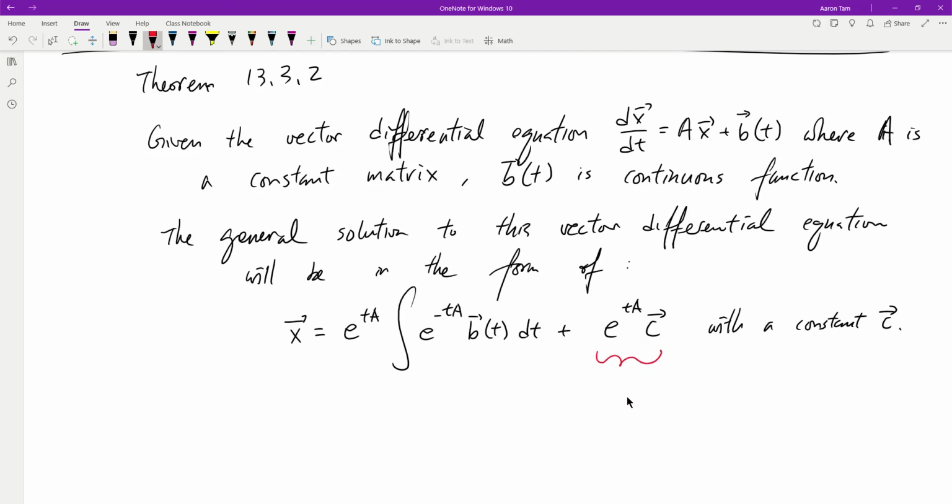You should probably identify that this is our homogeneous solution, because that's the typical solution we expect to get whenever we do d vector x over dt equal to A vector x. This big mess right here is what we call the particular solution. And this solution is unique to vector b, which is the reason why it involves vector b.